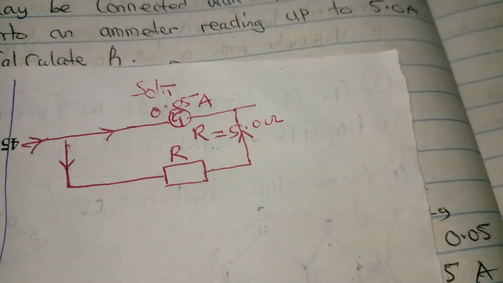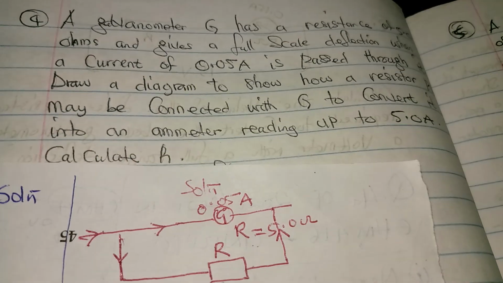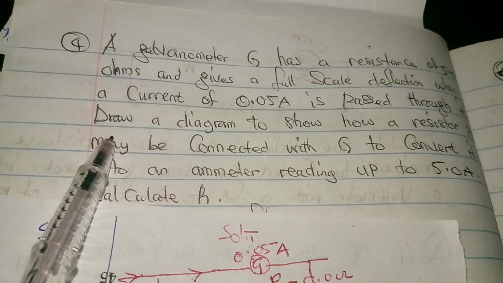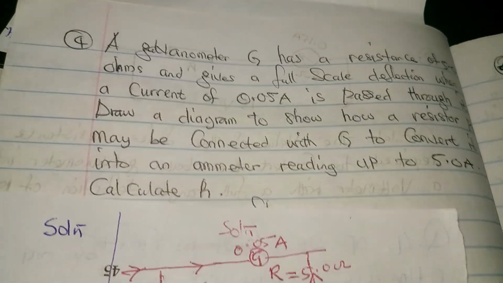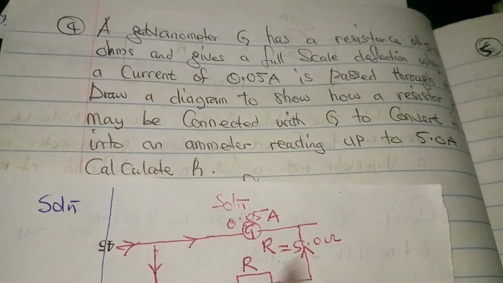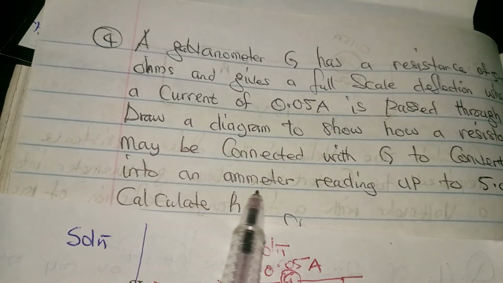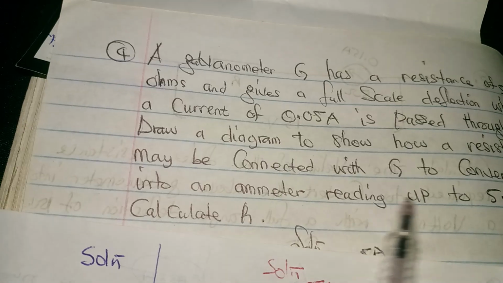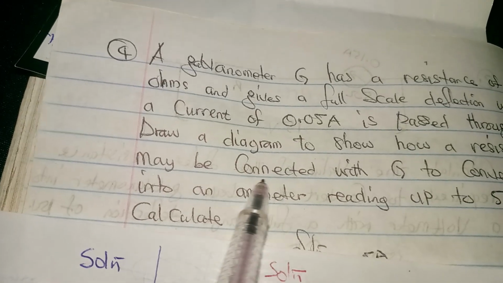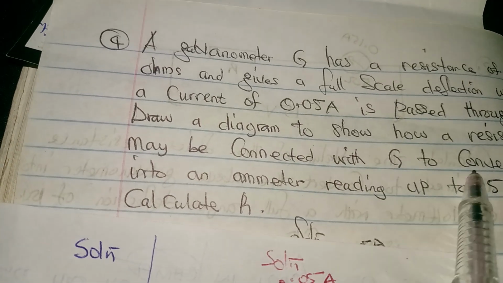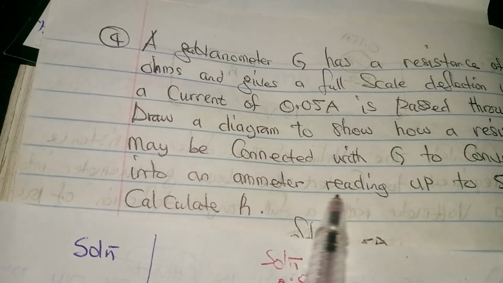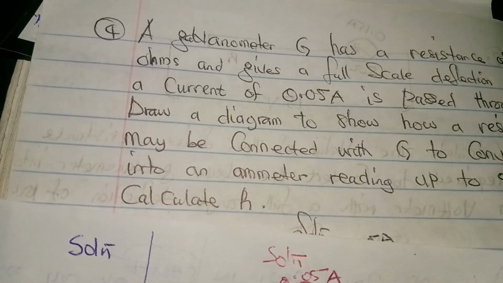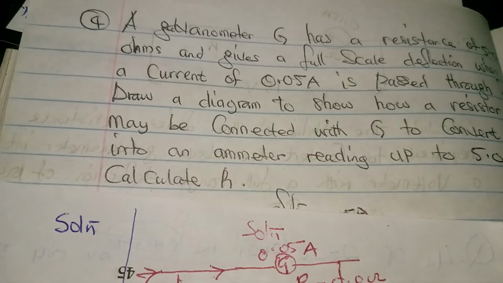Another thing is, draw a diagram. We have drawn the diagram and we have shown everything. The next thing is we are asked to connect a resistor with G to convert it into an ammeter reading up to 5.0 ampere.